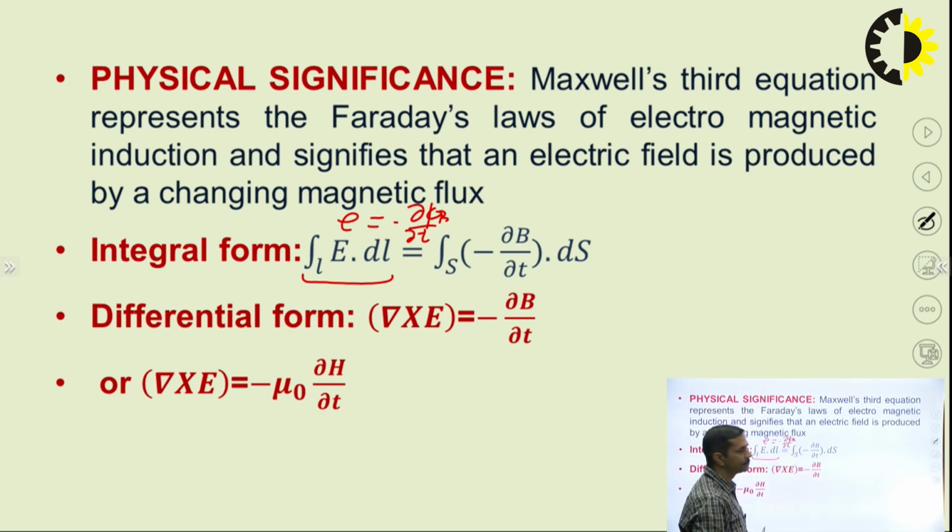We have already found the differential form, del cross E equal to minus dB by dt, and in terms of the H vector, del cross E equal to minus mu naught dH by dt, where again mu naught is the permeability of free space.